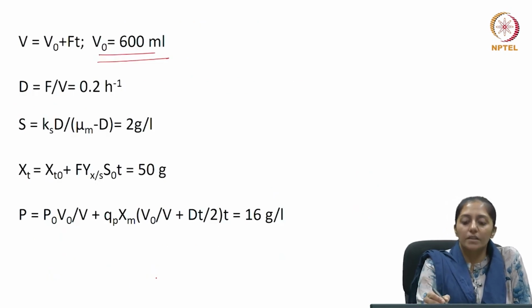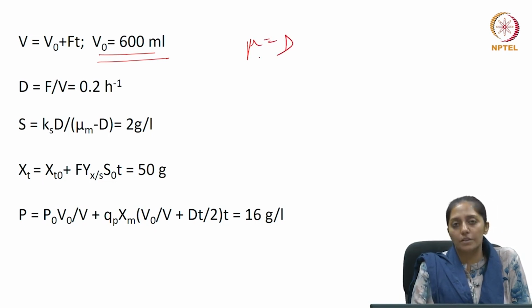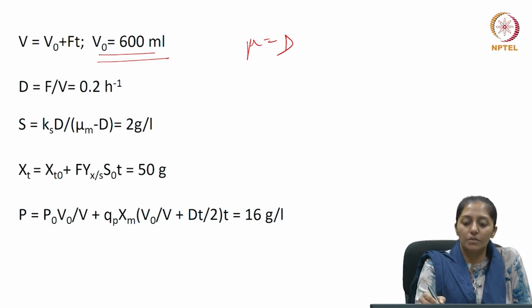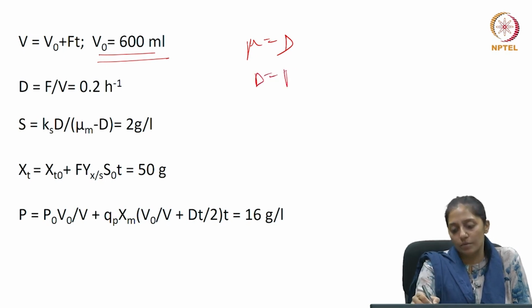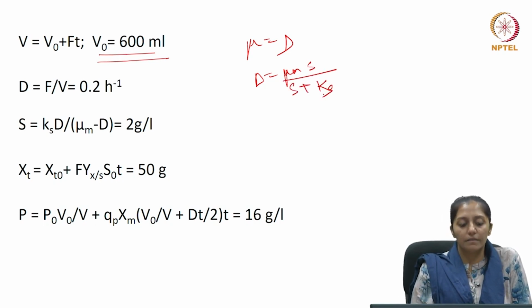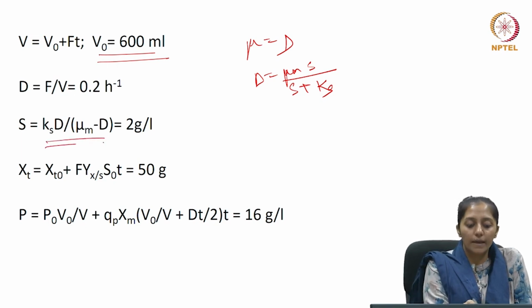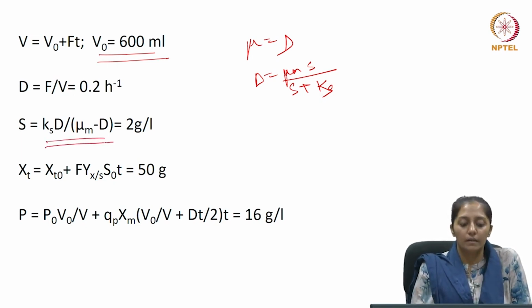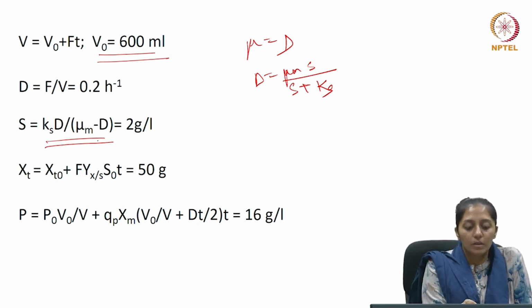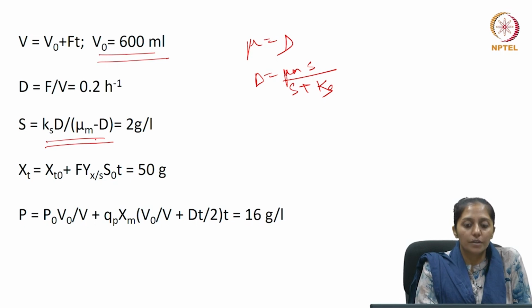So at quasi steady state we know mu equals D, and we also know the culture is following Monod's kinetics. So if you remember the rearrangement of the equation, D equals mu m S upon S plus Ks. If we rearrange this, we can determine the value of S in terms of the dilution rate, mu m and Ks given. So how to find the dilution rate?